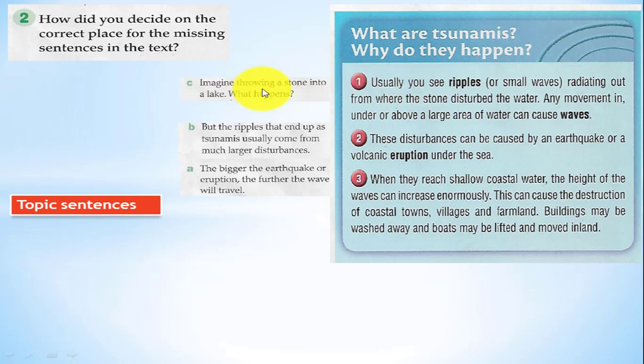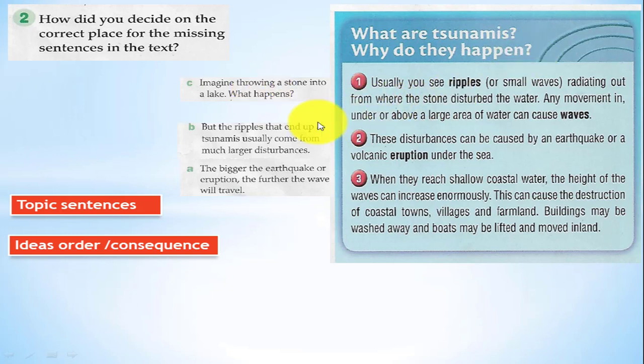So as I said, topic sentences are one thing that we depend on to match the sentences. The second thing that we depend on is the order of ideas, or consequences. When we talk about a fact or anything, we follow some steps. Look here, for example: the bigger the earthquake or eruption, the farther the wave will travel.